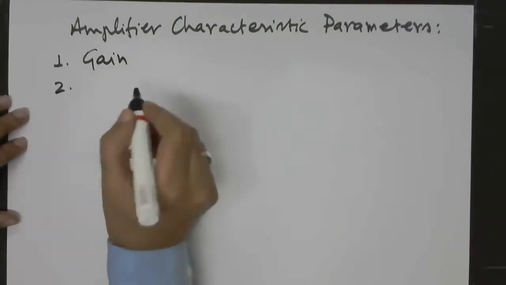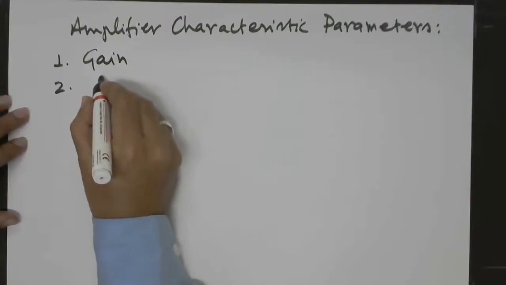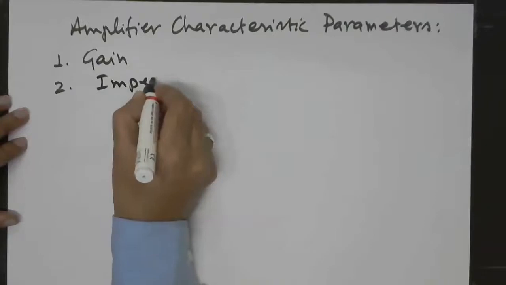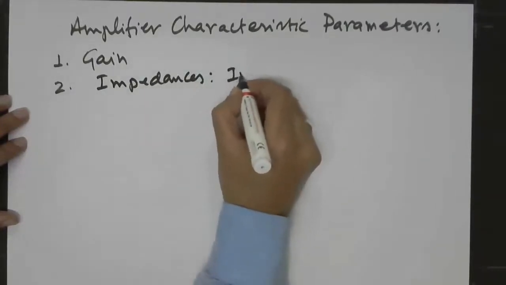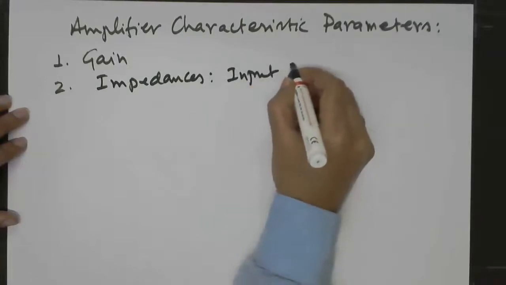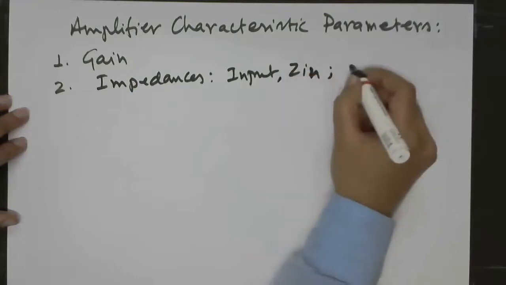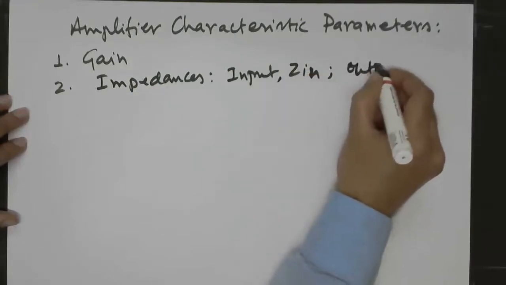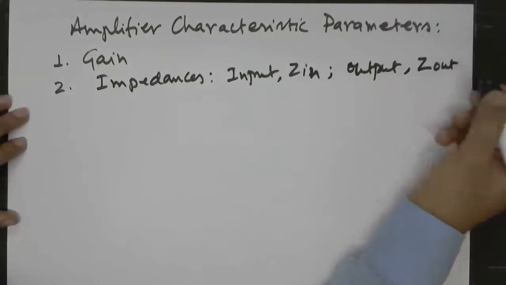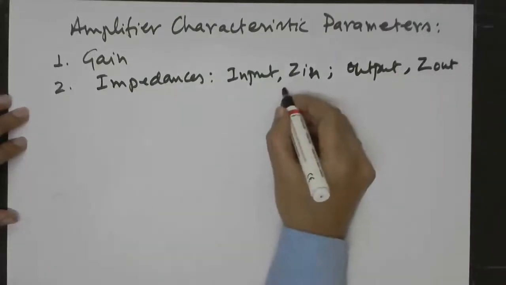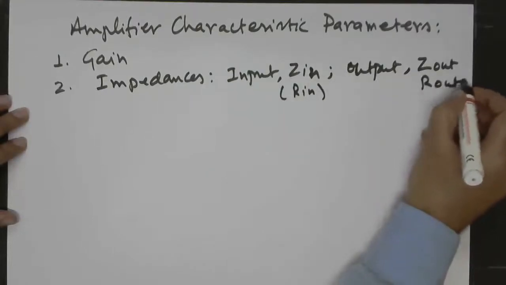Second parameter for these circuits that we will discuss are called impedances, and these will be of two types: input impedance designated as Zin, or the output impedance designated as Zout, or in simple cases Rin also, or Rout.